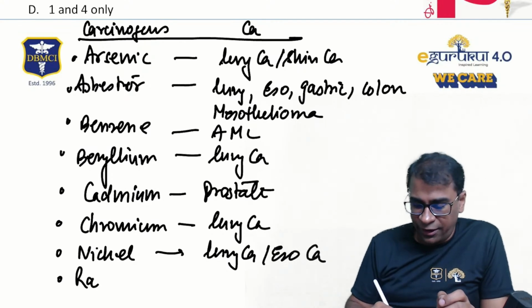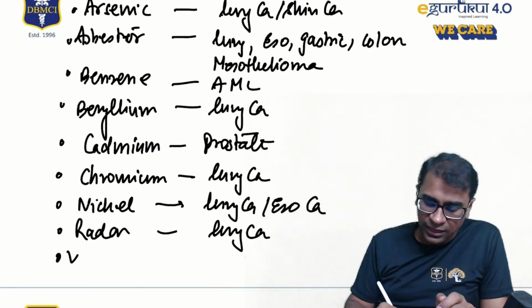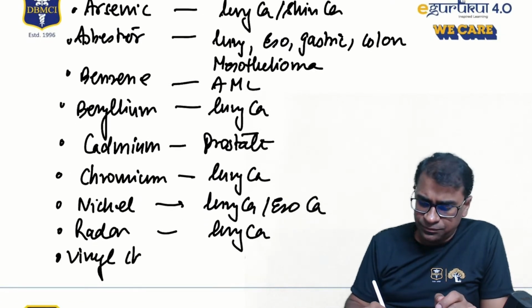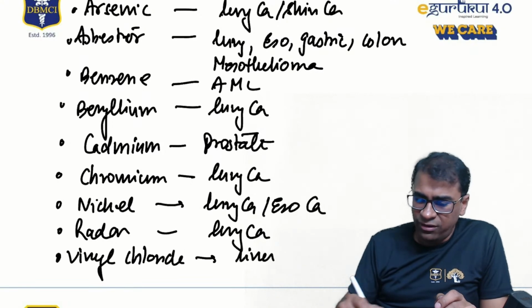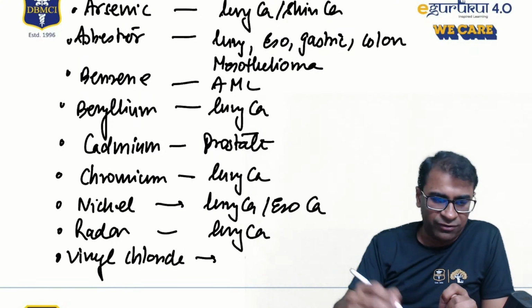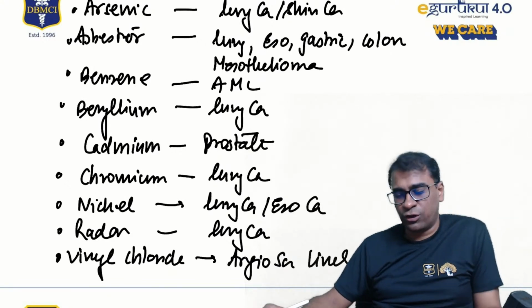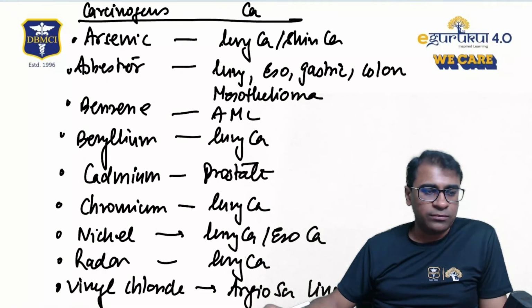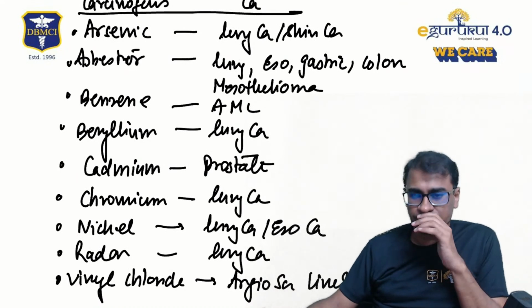Radon often leads to lung carcinoma. And vinyl chloride often leads to liver carcinoma, में angiosarcoma of liver. Angiosarcoma of liver. So just try to remember this if you can. That's an important point here.